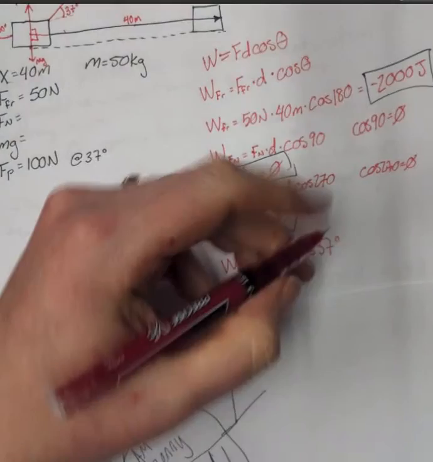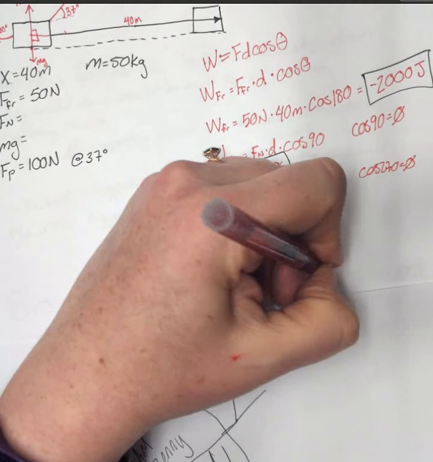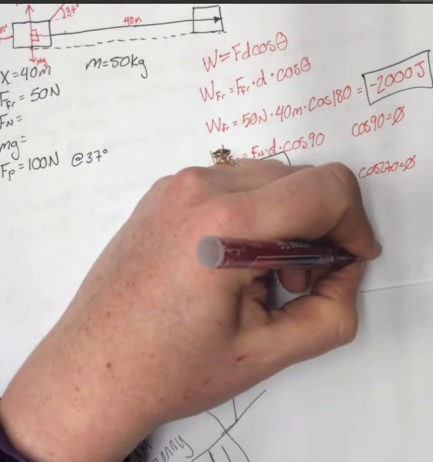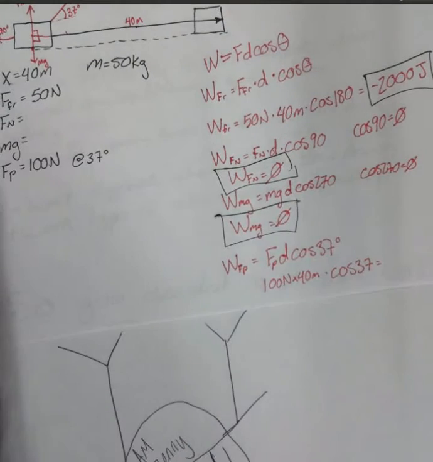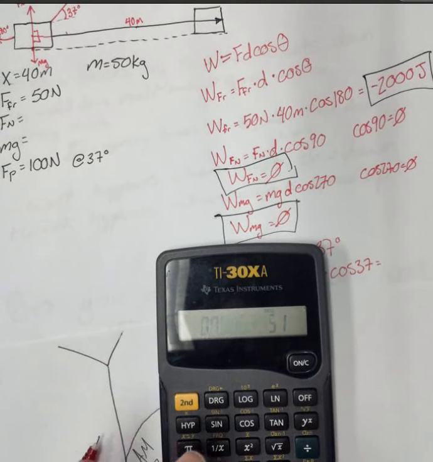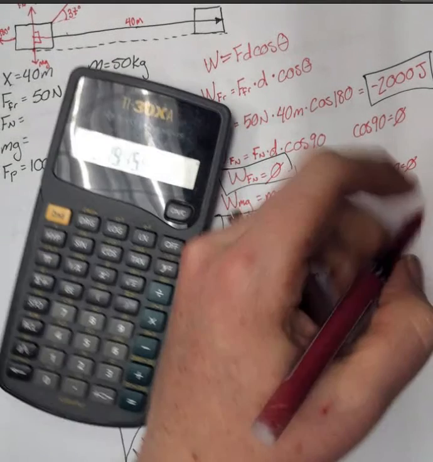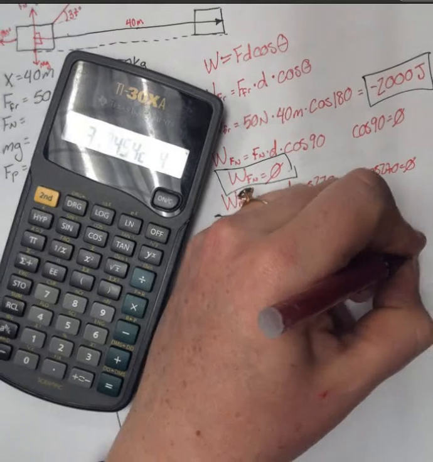So that's going to be 100 newtons times 40 meters times the cosine of 37, which should give us 3,195 joules. So we've found the work done by each force.